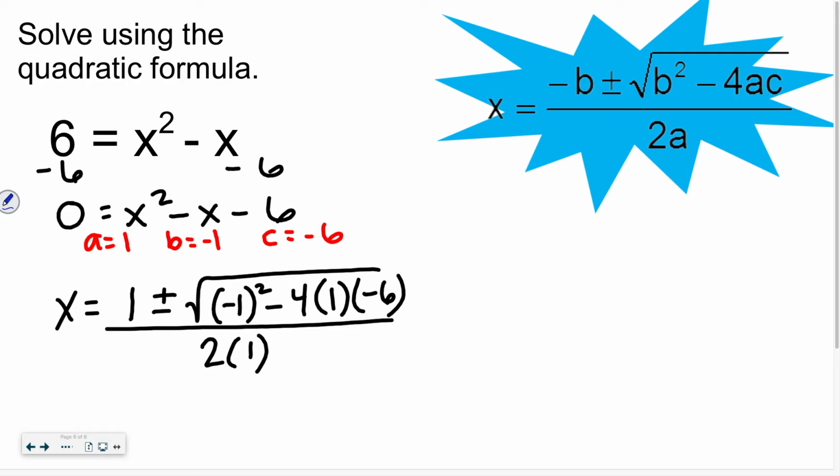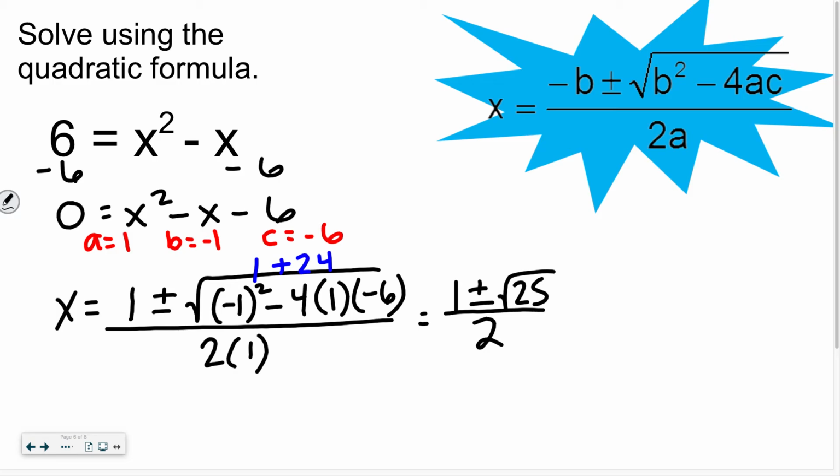Work out what's underneath my radical. So I always do my discriminant first, the b squared minus 4ac. Negative 1 squared is positive 1. And then I have a negative 4 times 1, which is negative 4. Negative 4 times negative 6, that's plus 24. So I can simplify this and say this is 1 plus or minus the square root of 25 all over 2.